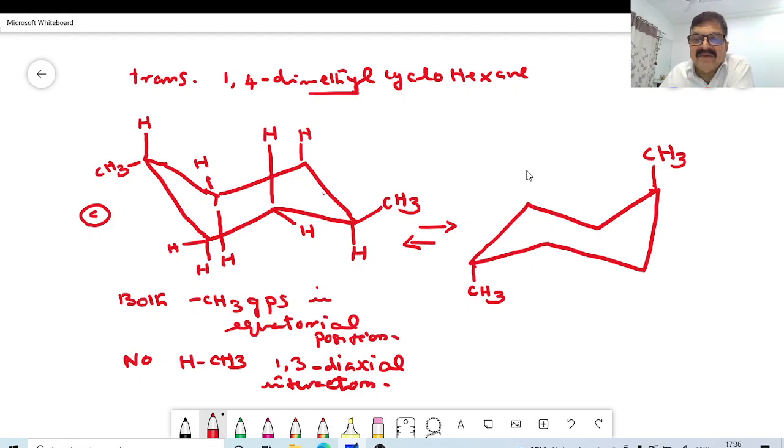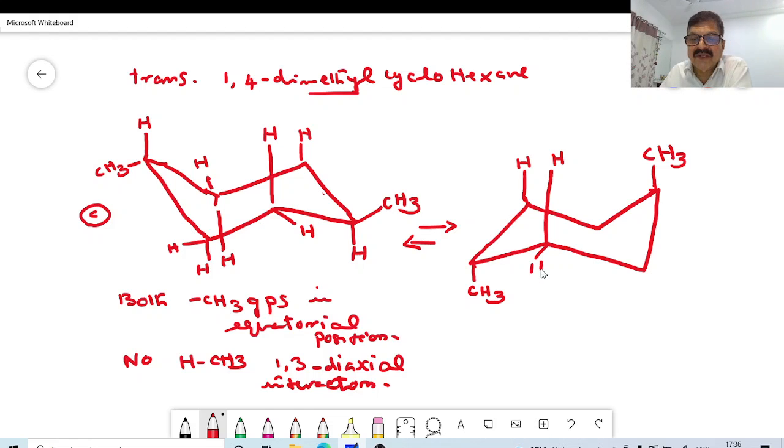Now there will be one hydrogen here, axial position.